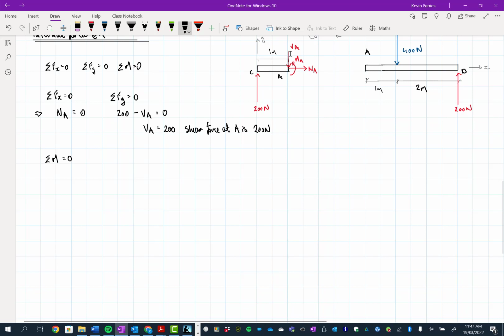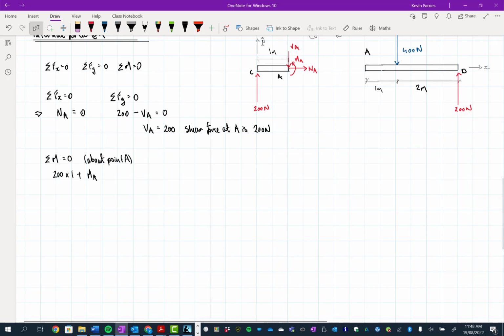Therefore, we're going to have 200 times 1 meter plus, all of these have 0 moment about that point A, because they go through the point A, except for this moment. You have to always add on that moment. And so plus MA.